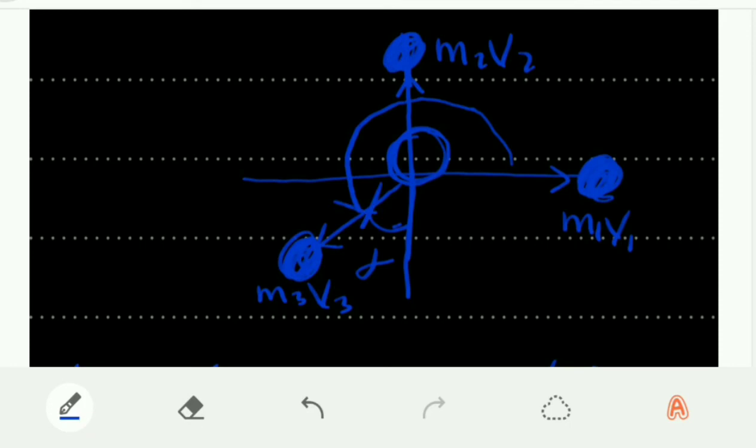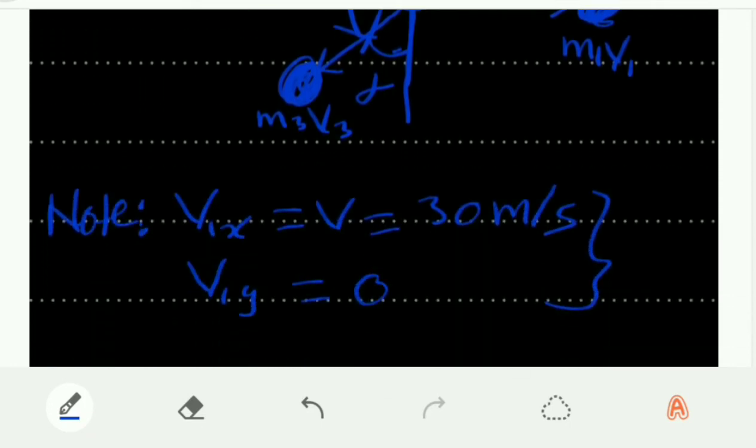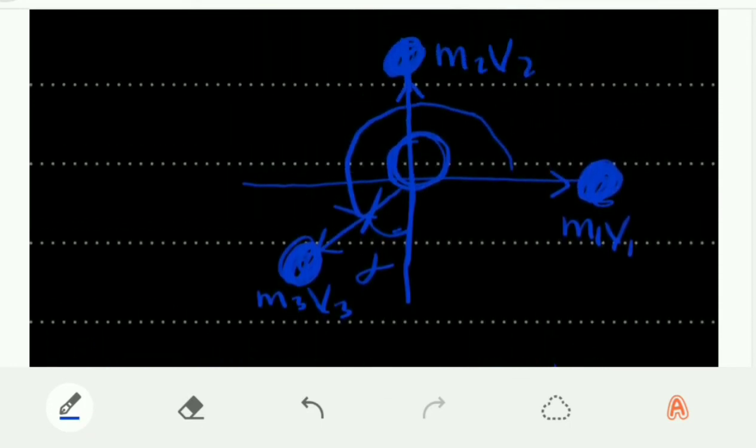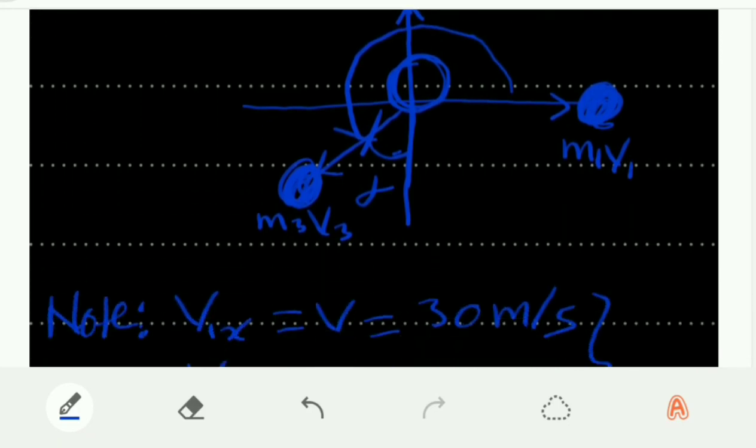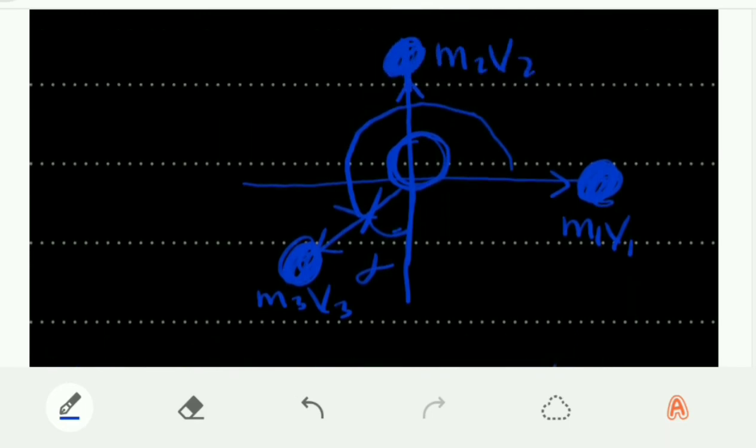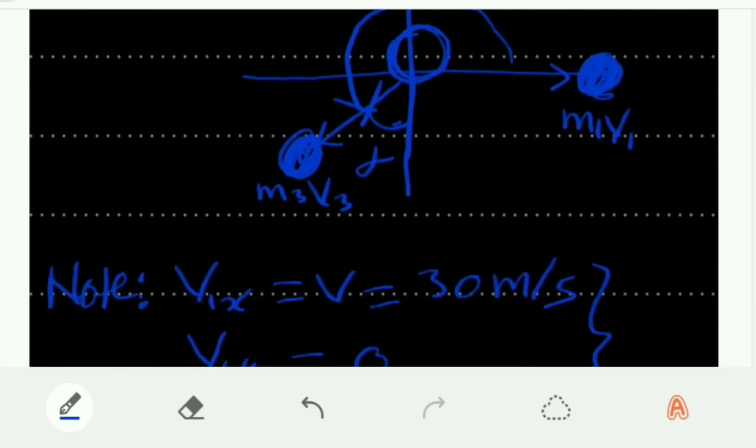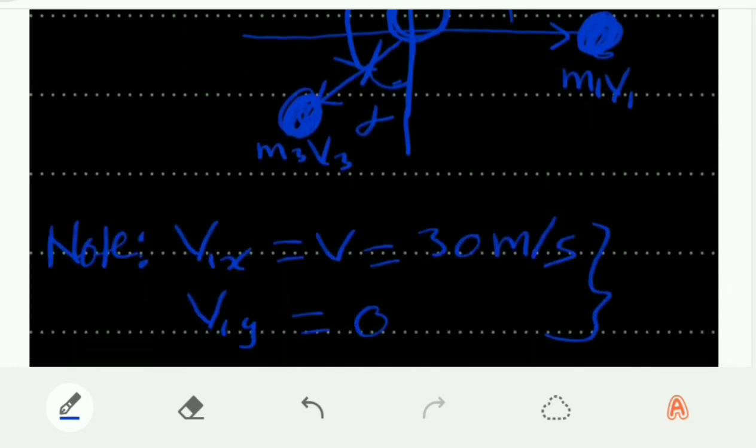The momentum of this system, when you look at it, we have v1 in terms of components. We have to consider their directions. Are you able to see where v1 is? It's moving along the x. So v1x is simply v, which is 30 meters per second. That is the magnitude of the velocity in the x.